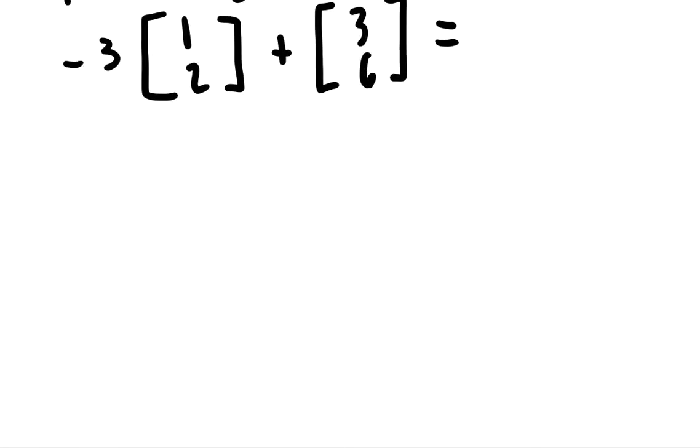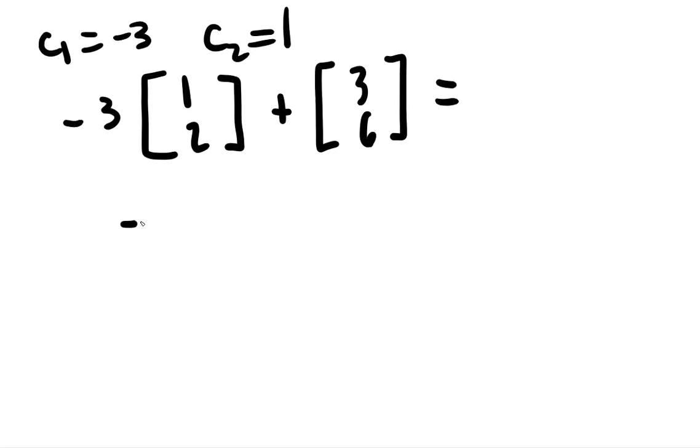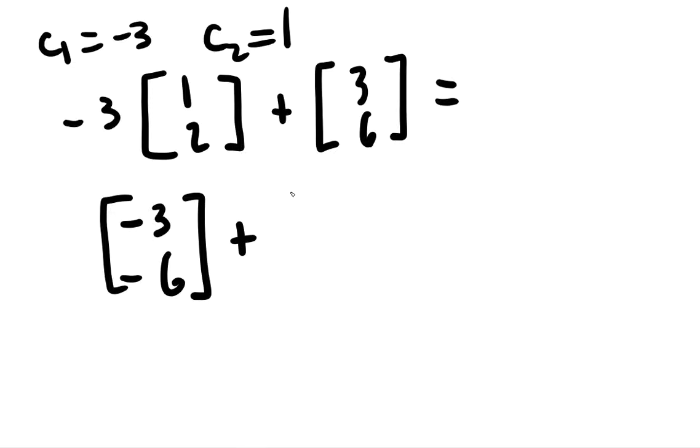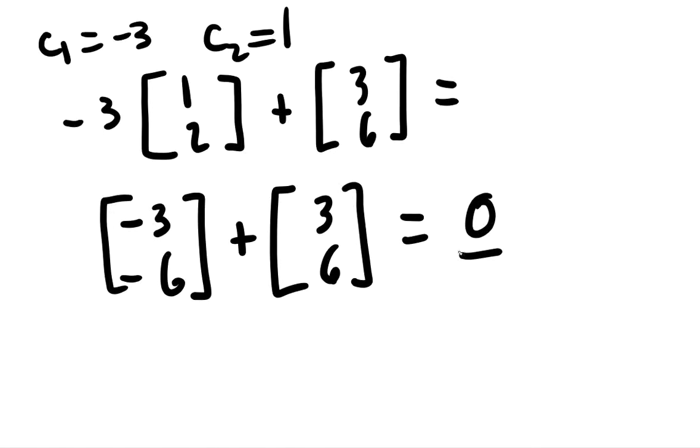That's just equal to the vector -3, -6 plus 3, 6, which does indeed equal the zero vector.